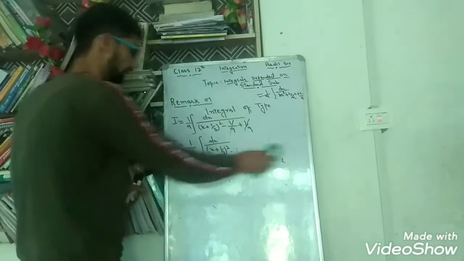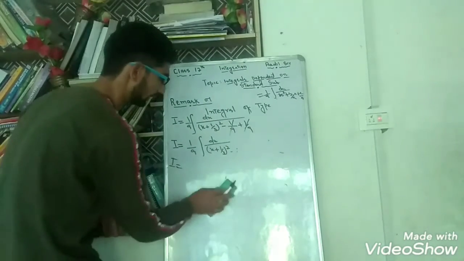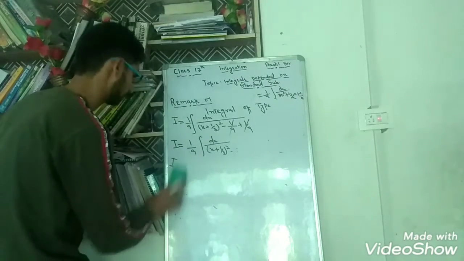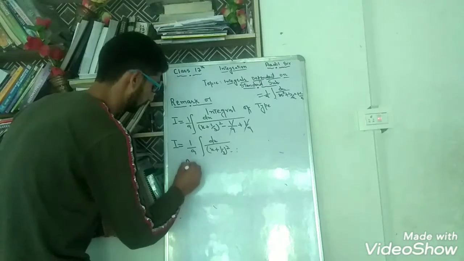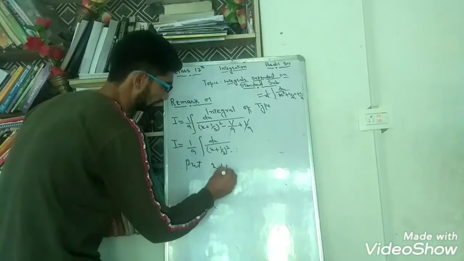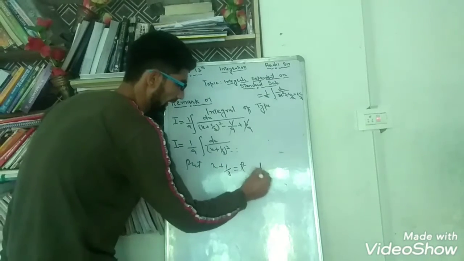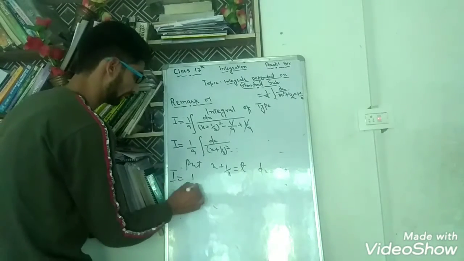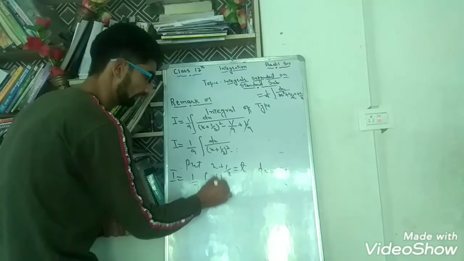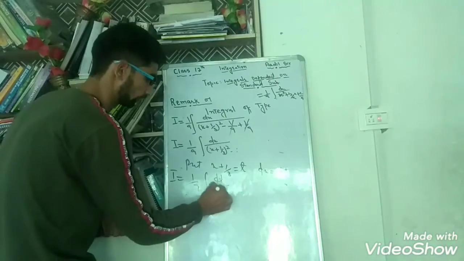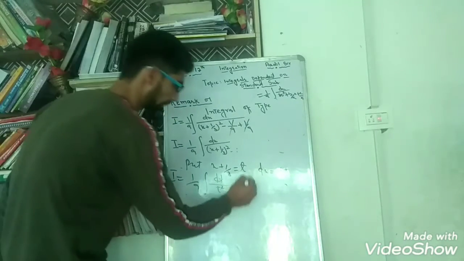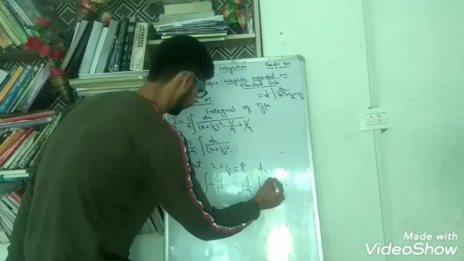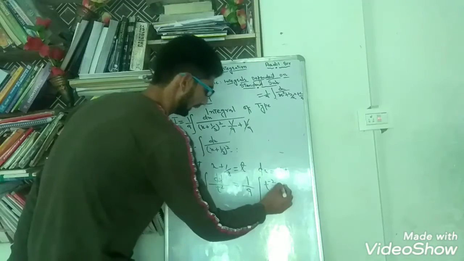We can also substitute x plus 1 divided by 3 with some t. We are doing the substitution method. We put x plus 1 divided by 3 equal to t. We will get dx equal to dt, and when we put these values back into I, we get 1 divided by 9 integral of dt divided by t squared, which is further equal to 1 divided by 9 integral of t raised to power minus 2 dt.